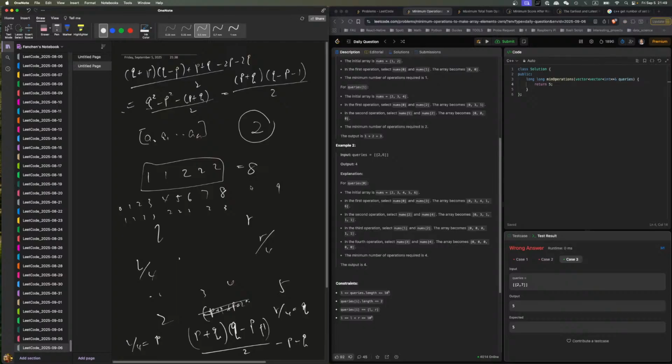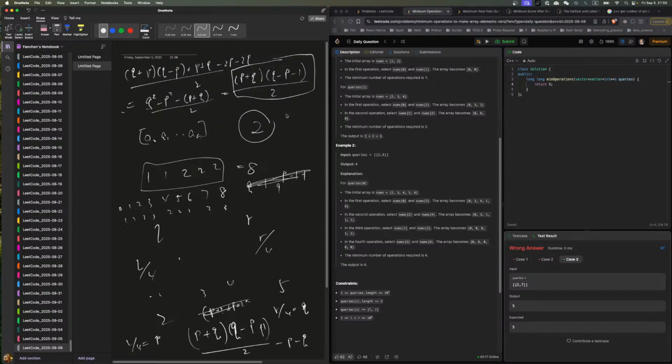Let's do it again. Q minus 1, P plus 1 plus 1. Yeah, exactly. So this is the sum in between. Now, if P and Q are the same, we don't use it. But as long as P and Q are not the same, then we can use it.